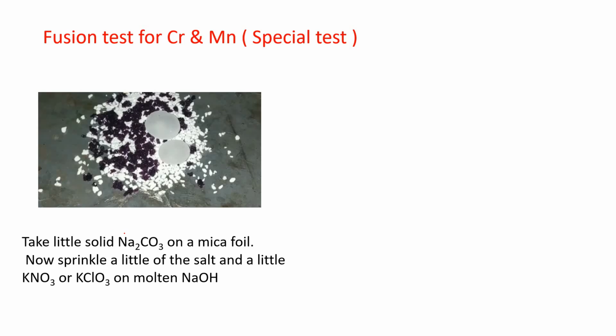So take a little of the solid sodium carbonate on a mica foil. Now sprinkle a little of the salt and a little potassium nitrate or potassium chlorate and the molten sodium hydroxide.